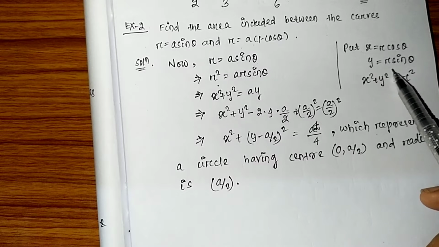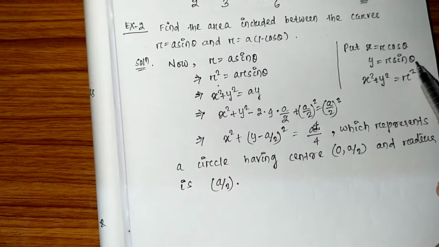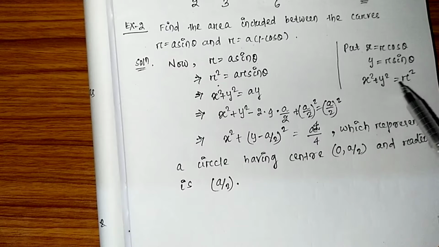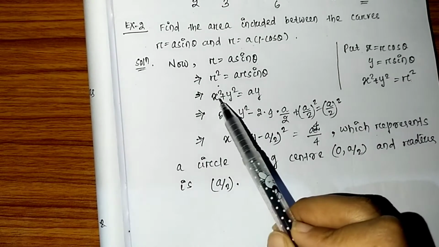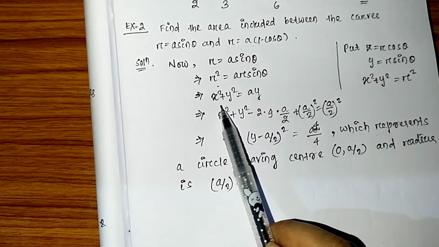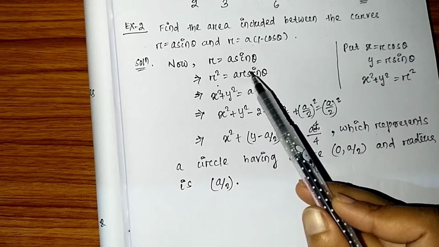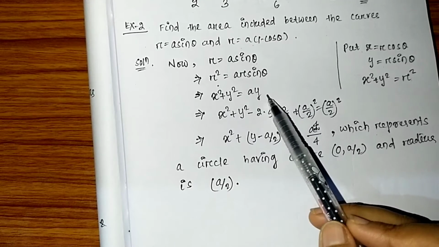Taking r square common, cos square theta plus sin square theta is 1, so it will be r square. So x square plus y square is r square, and r sin theta is y. So we put r square equal to x square plus y square, and a r sin theta is a y.